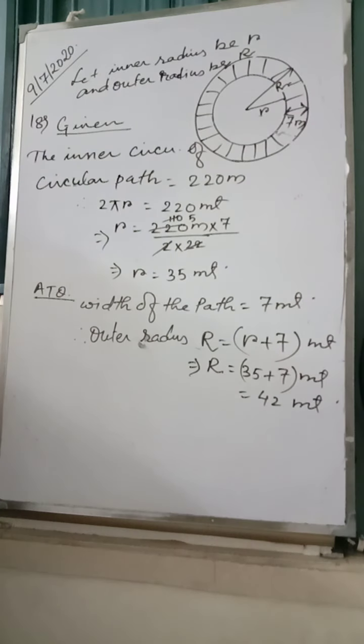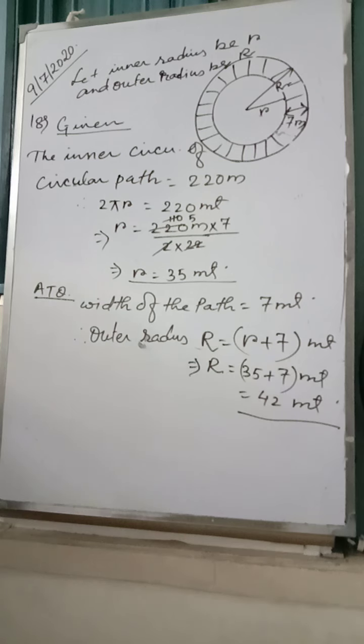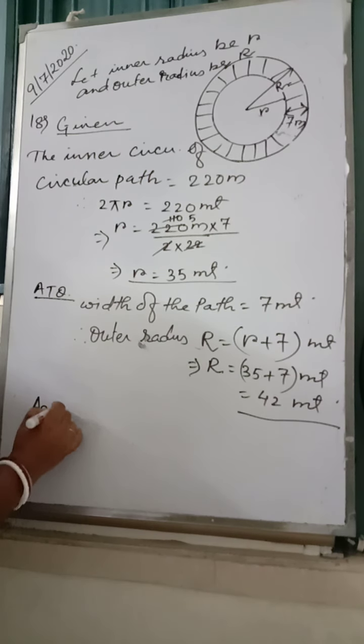We have got the inner radius, we have got the outer radius. Now, what is the area of the path?